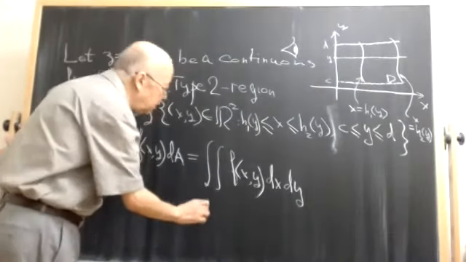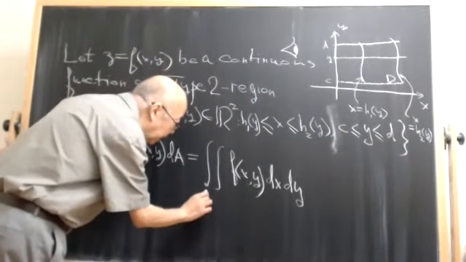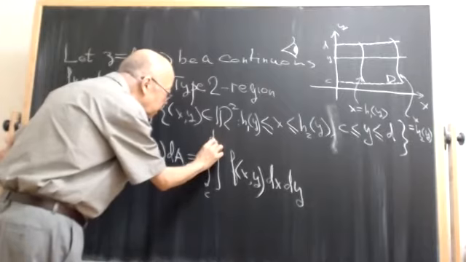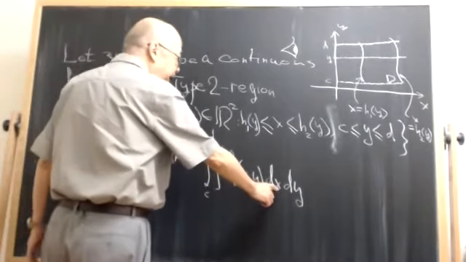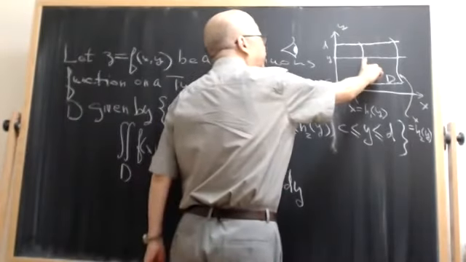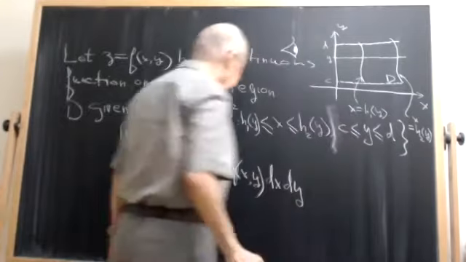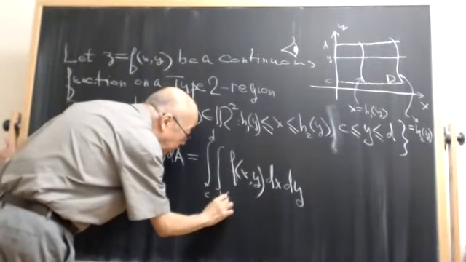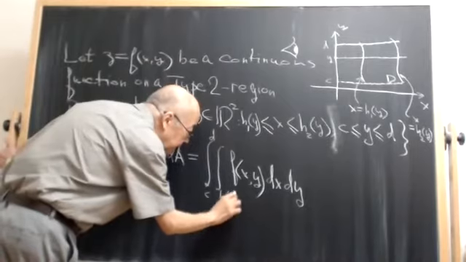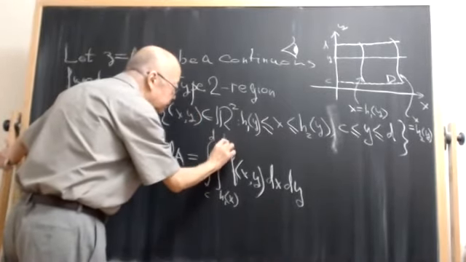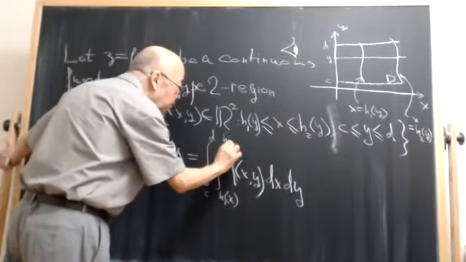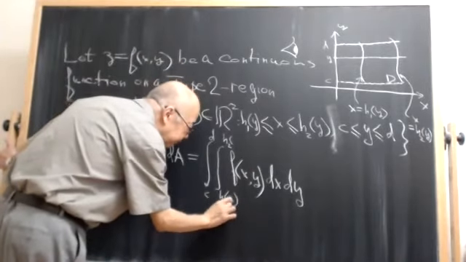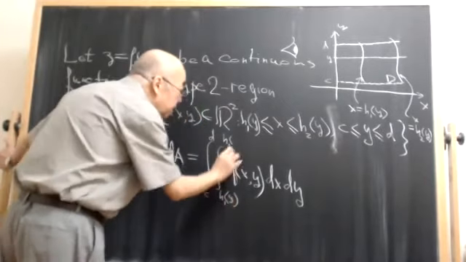So when you fix a y from c to d, the corresponding x would go from this point to this point, which is h1 of x, no, h1 of y, sorry, to h2 of y.